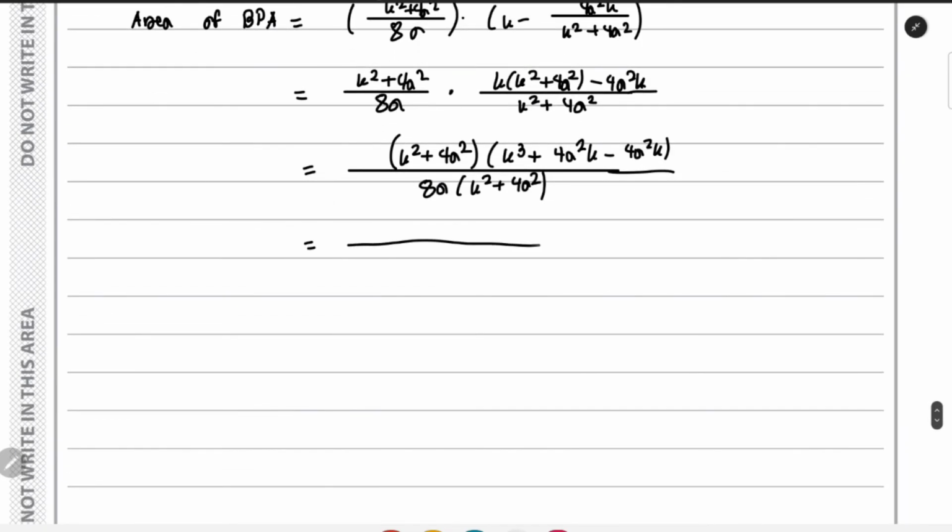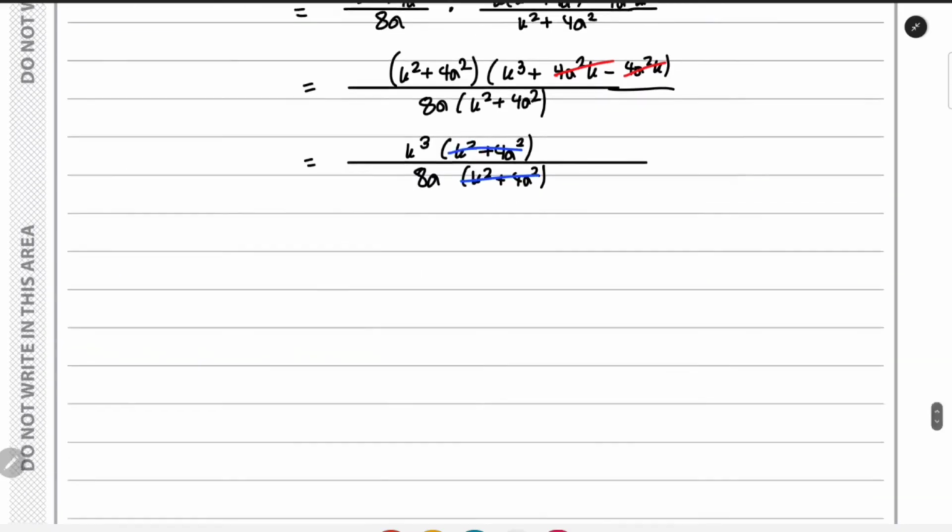So these two cancel out. I'm left with k cube multiplied by k square plus 4a square divided by 8a times k square plus 4a square. I can cancel these out. I'll be left with k cube by 8a.